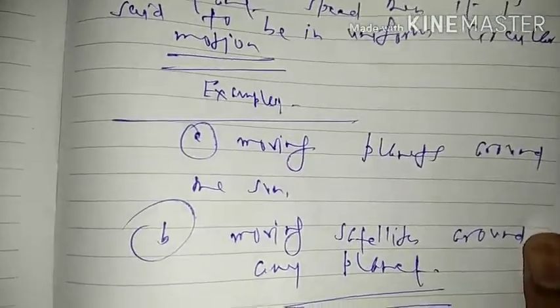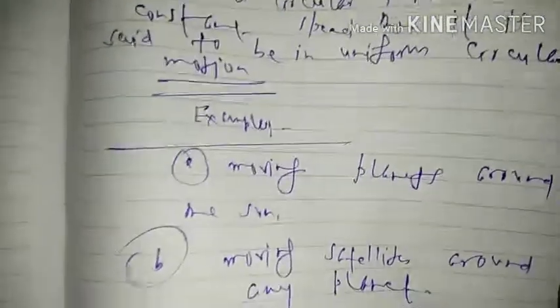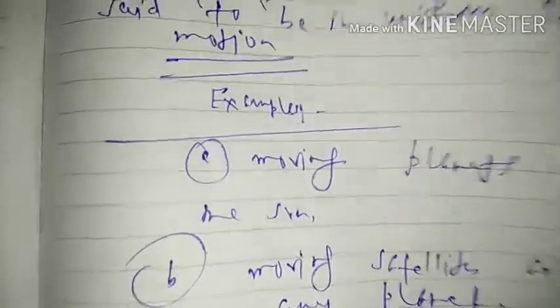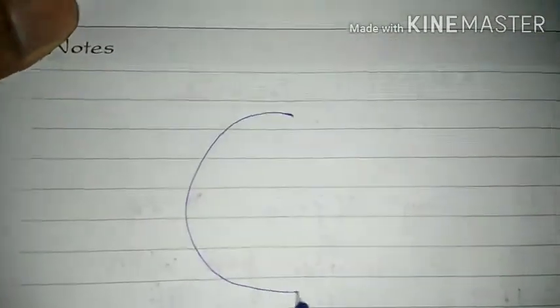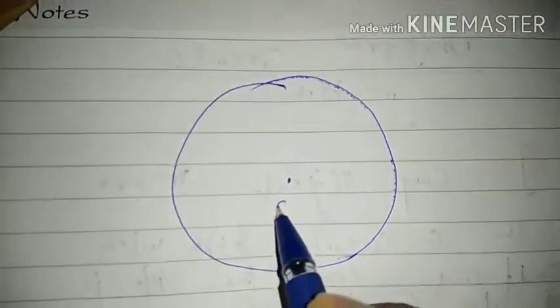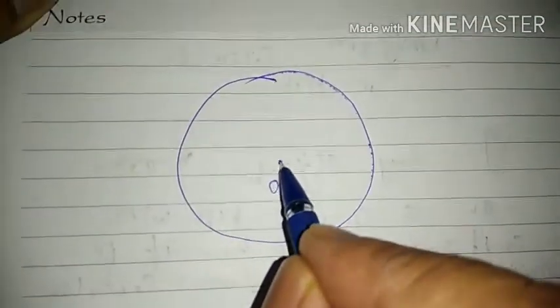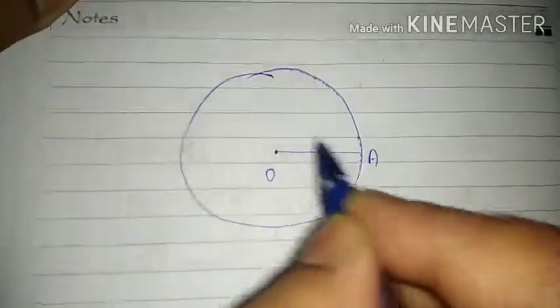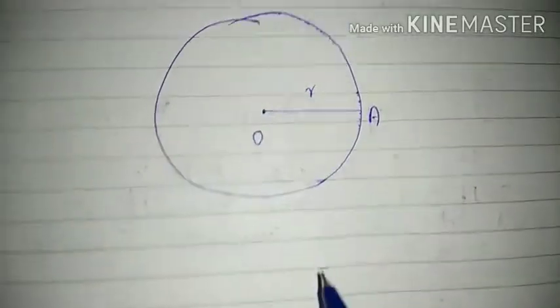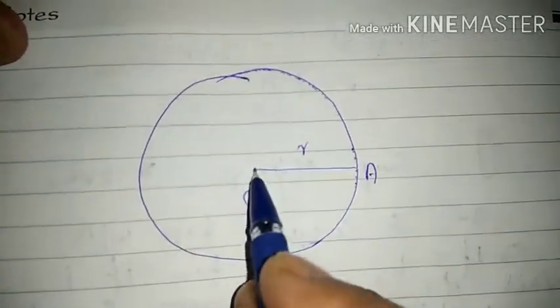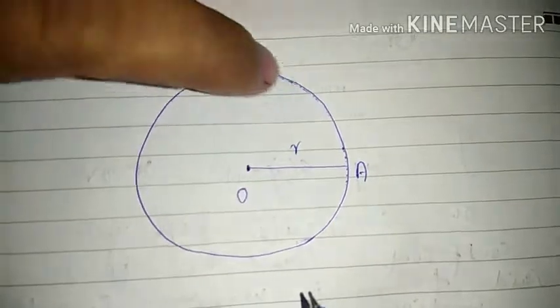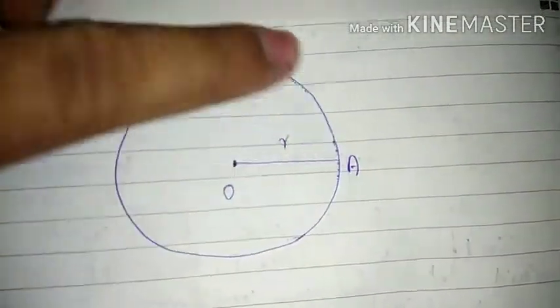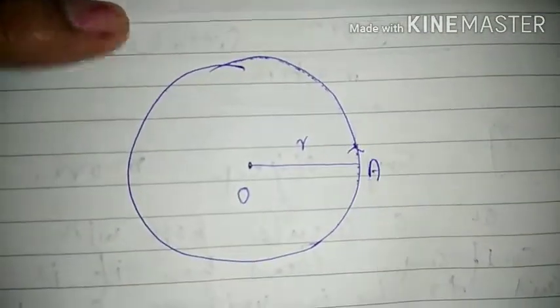Now, how can we define the speed of any object moving in circular motion? Suppose here any object moves on a circular path. Suppose O is the center of the circular path and r is its radius. Then what will be the circumference here? That is, what will be the distance traveled by the object in one complete revolution.